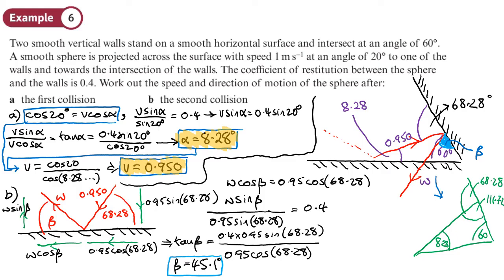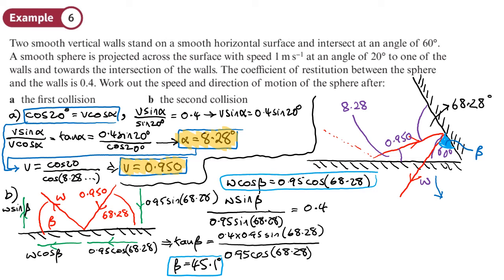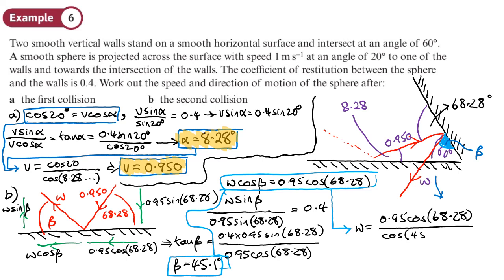And then I can substitute that into an equation to now allow me to work out W. So let's use maybe this equation here and substitute that into there, then to work out W. So W will equal 0.95 cos 68.28 divided by cos beta, so that's cos of 45.1, and I'll use the answer button.